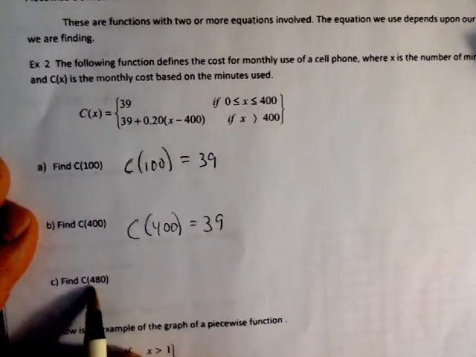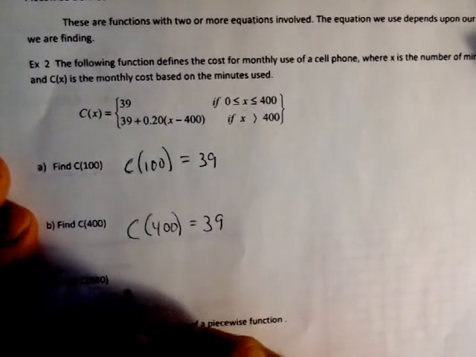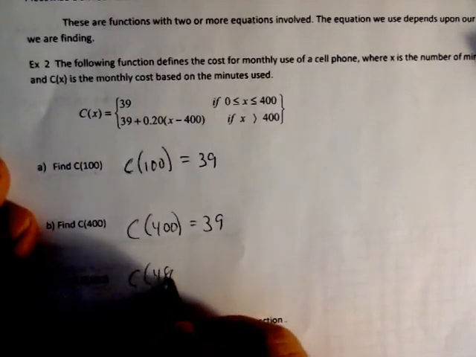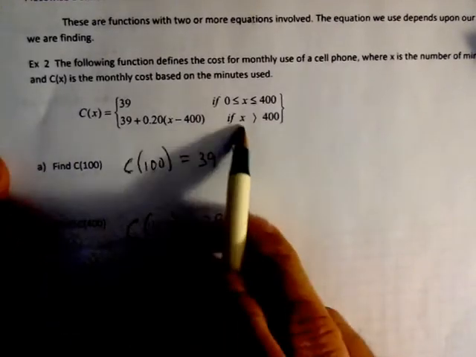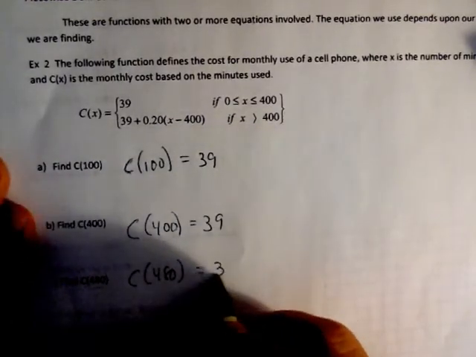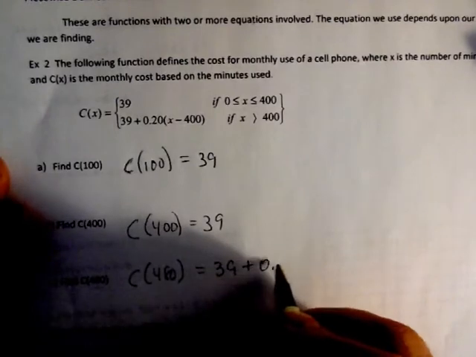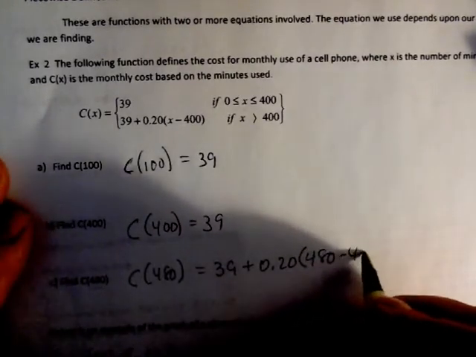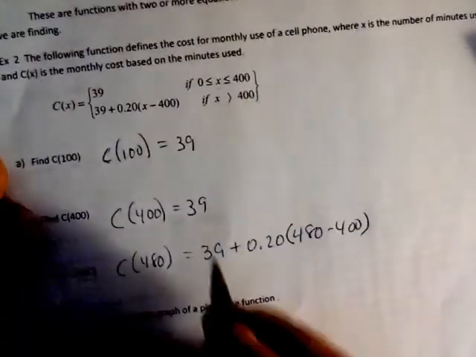This third one, okay, now I go over my 400 minutes. So therefore, x is greater than 400. This x is greater than 400. So I've got to use the second equation, and I substitute my x in this time.